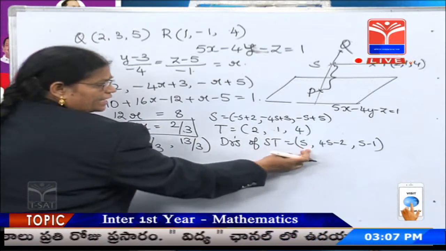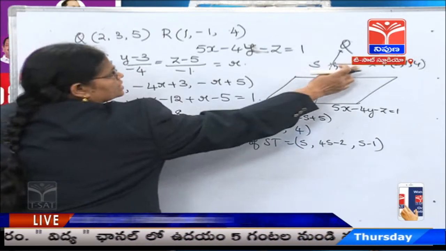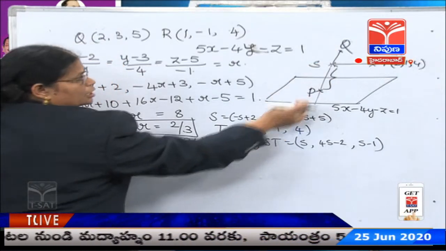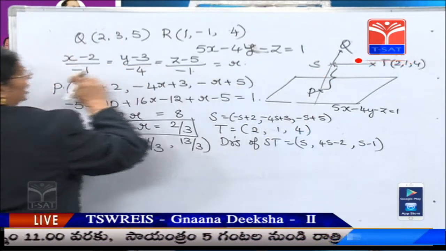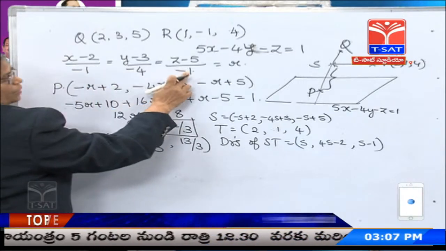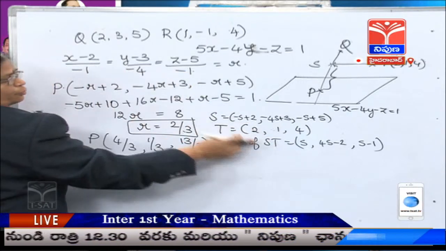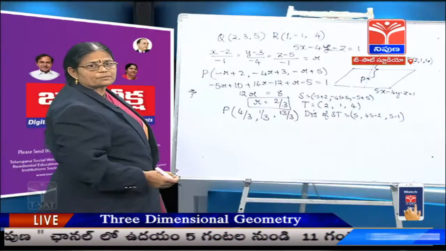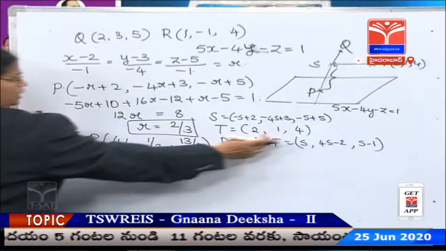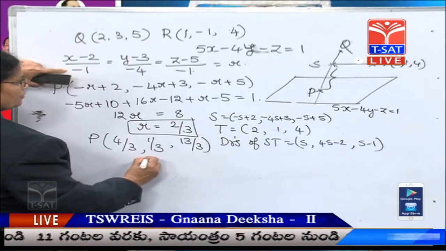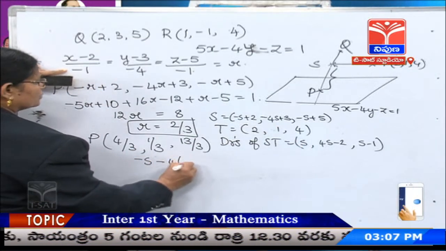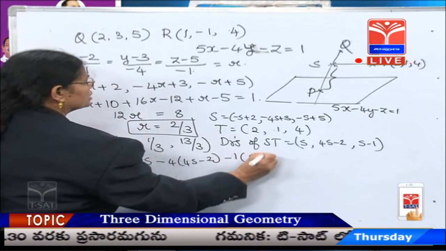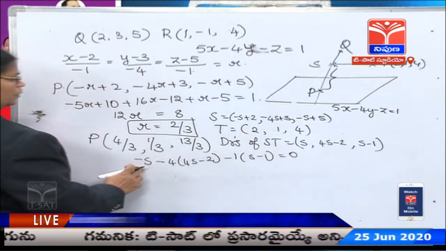Why did I take the DRs of ST? Because S is the foot of the perpendicular, so ST is perpendicular to the line QR. I know the DRs of QR, which are minus 1, 4, minus 1. So, these two should be perpendicular. Using the condition A1A2 plus B1B2 plus C1C2 is 0: S into minus 1, minus 4 into (4S minus 2), minus 1 into (S minus 1) equal to 0.